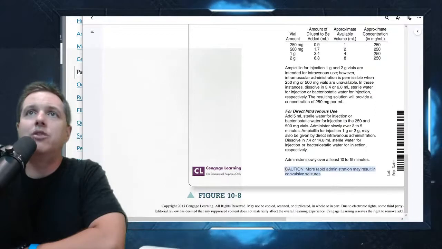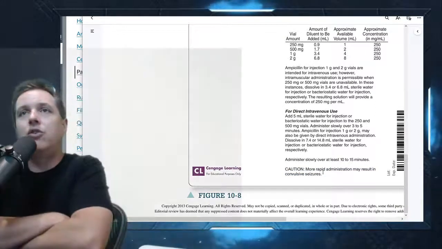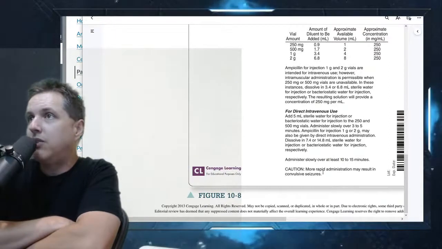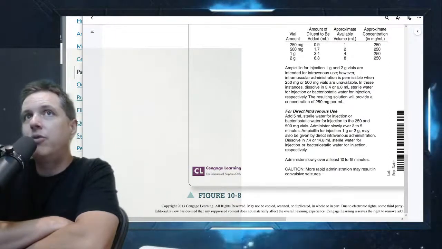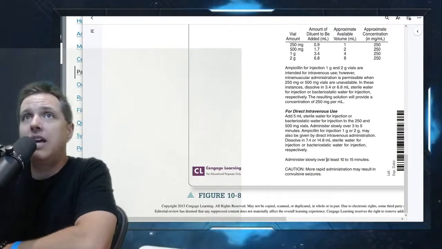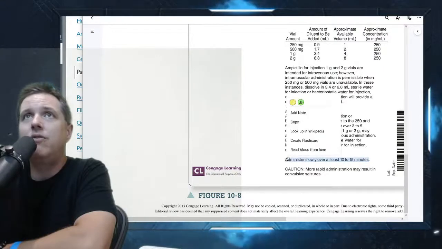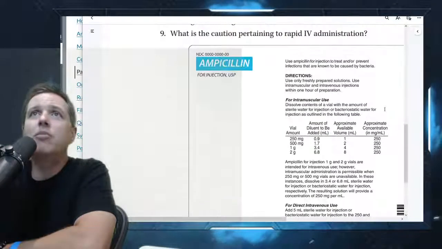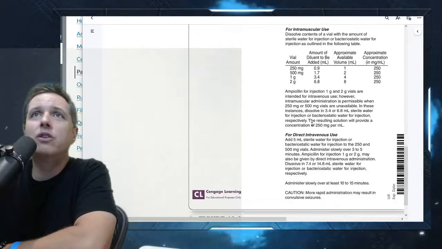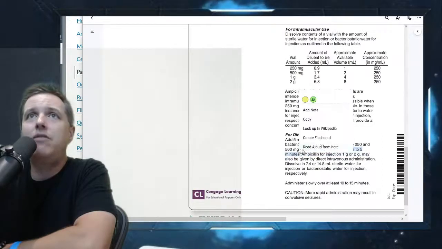Caution, rapid administration may result in convulsive seizures. That's obviously a good thing to read before you administer the drug, right? Basically what they're saying here is administer slowly over 10 to 15 minutes. And when you look up here, they're actually saying too, for those little shots, it should be over a few minutes, right? Here it says for this version, administer slowly over 3 to 5 minutes.